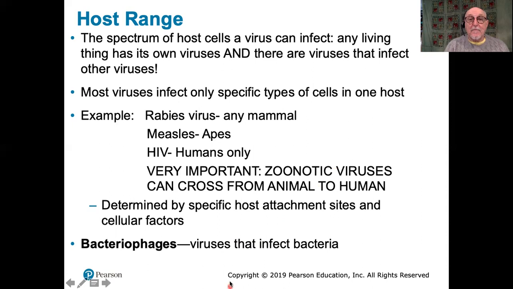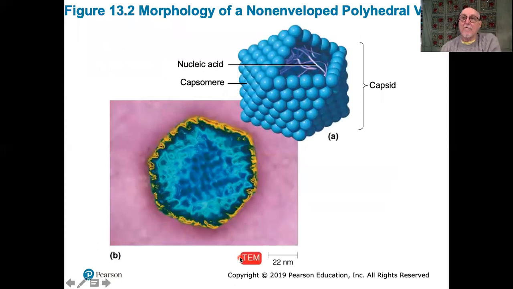So let's have a look then at some of the structures of viruses. And you'll see that at its very simplest, a virus consists of a protein coat, shown here, this sort of geometric shape here.